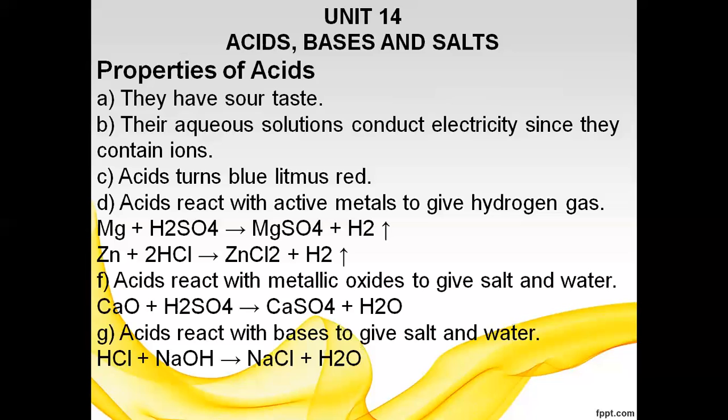For example, put the litmus paper on lemon, grapes, or tomatoes. The blue litmus paper turns red. This is one of the properties of acids.